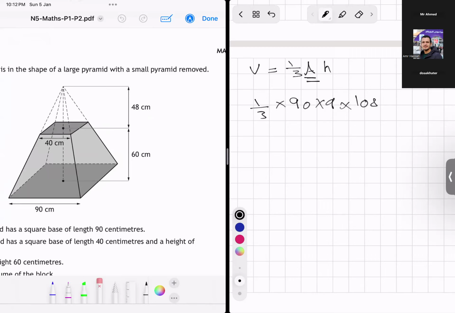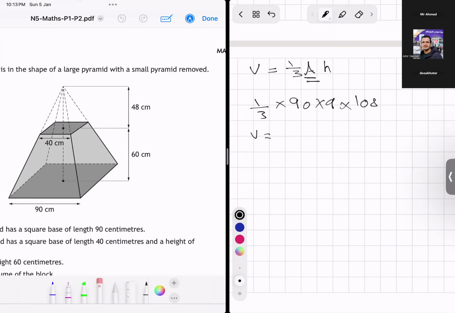So do you have a calculator? This one is the large one. Tell me the answer. Wait, something's wrong. Wait, I got 29,160.